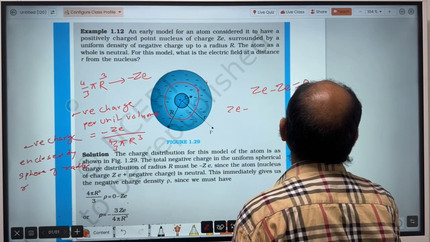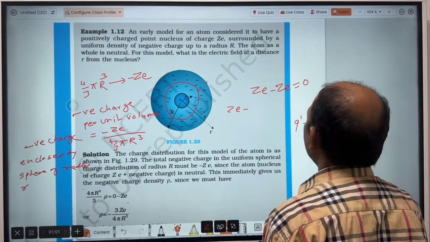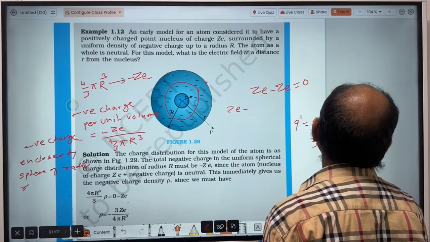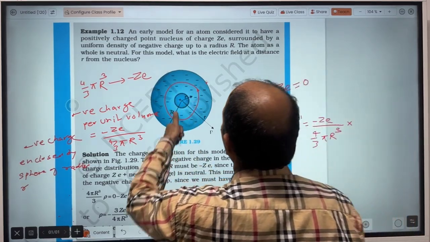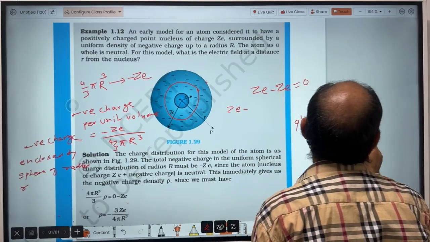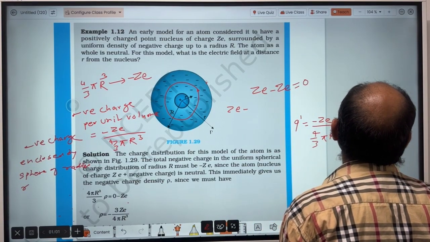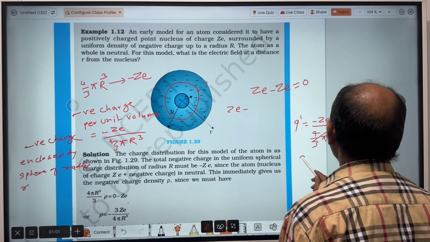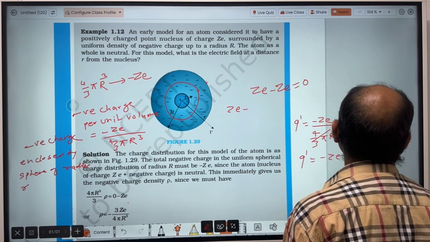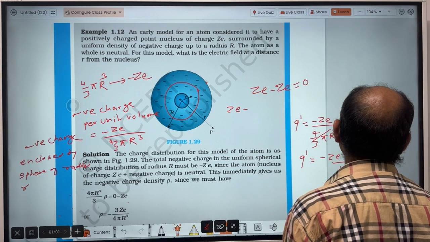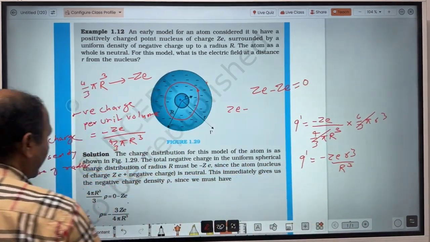suppose that is q dash, equal to minus Ze divided by 4 by 3 pi capital R cube multiplied by the volume of that small sphere, so 4 by 3 pi small r cube. So 4 by 3 pi will cancel out, and we will be left with q dash as minus Ze times small r cube divided by capital R cube.